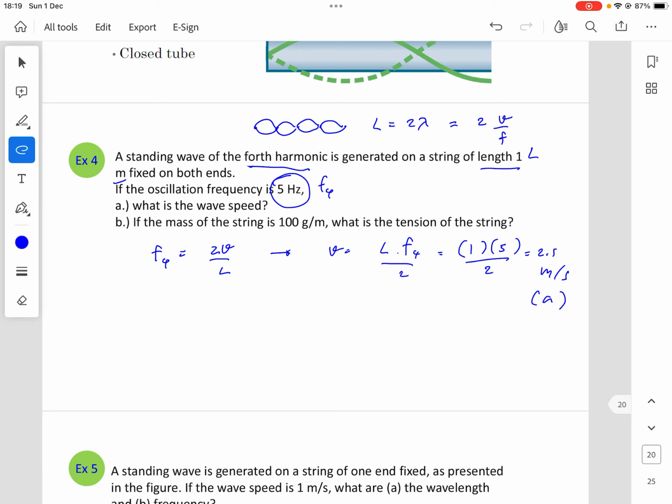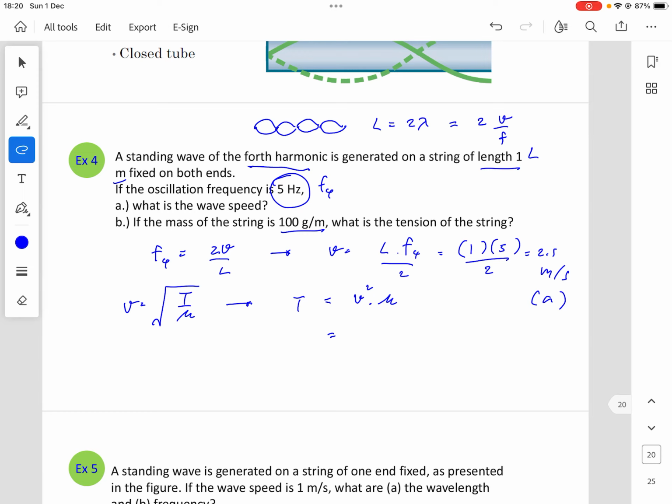And if the mass of the string is 100 gram per meter, what is the tension of the string? So v equal to square root of T divided by mu. Let's go to the very first slide. You want to find the tension, so the tension is V square multiplied by mu, right?